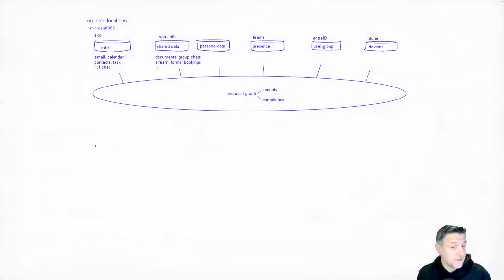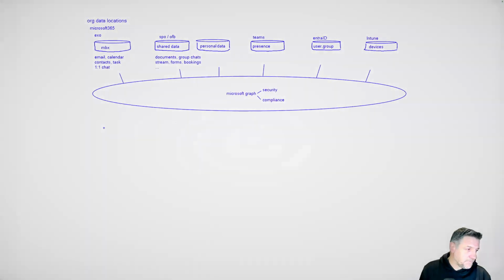Now, if we want to be able to work with Copilot, in this case Microsoft 365 Copilot, all the data involved needs to be indexed, and one of the components that is communicating with that graph is a solution called the semantic index for Copilot.